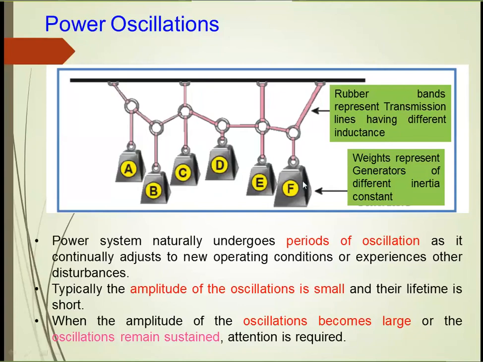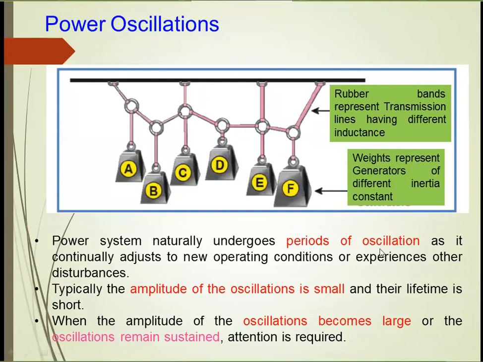If we apply some disturbance on generator 1, or generator F, E or D, how do these generators oscillate among themselves? That is important here. A power system usually has some period of oscillations.